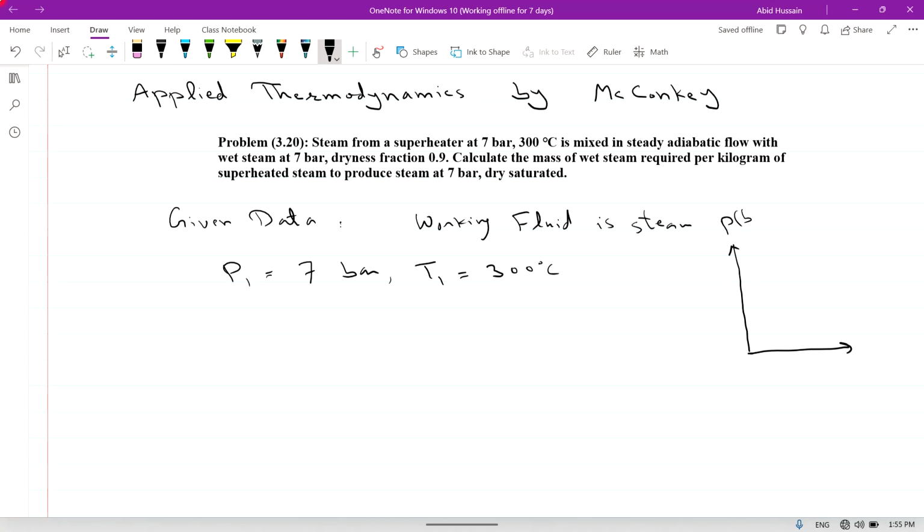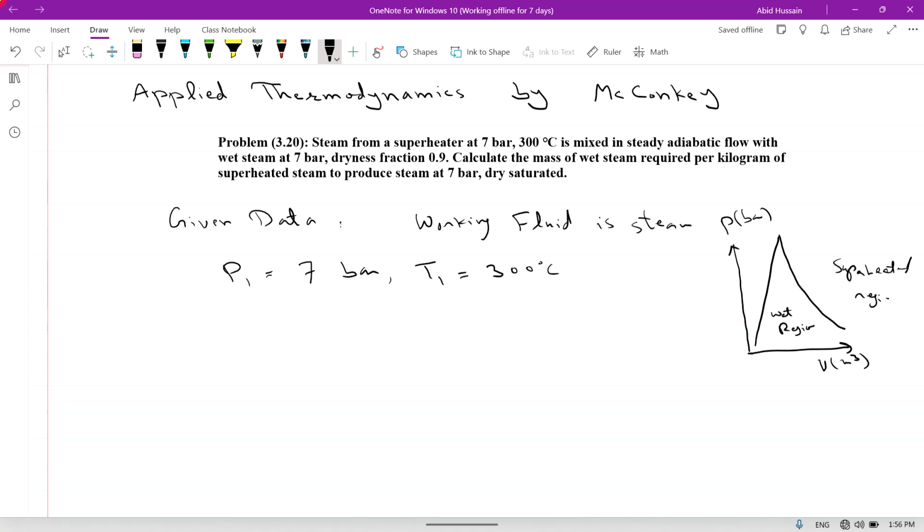Pressure in bar and volume in meter cube per kg. So this is the wet region, and this is the superheated region. Initially the steam is superheated.